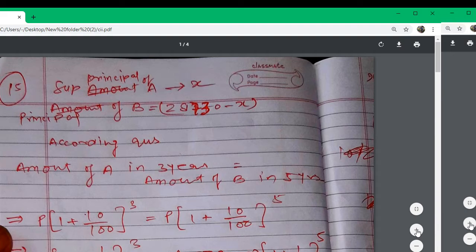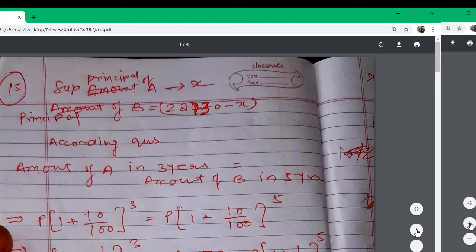That means you have to divide rupees 28,730 between A and B in such a way that the amount of A in 3 years is equal to the amount of B in 5 years at the rate of 10% per annum.